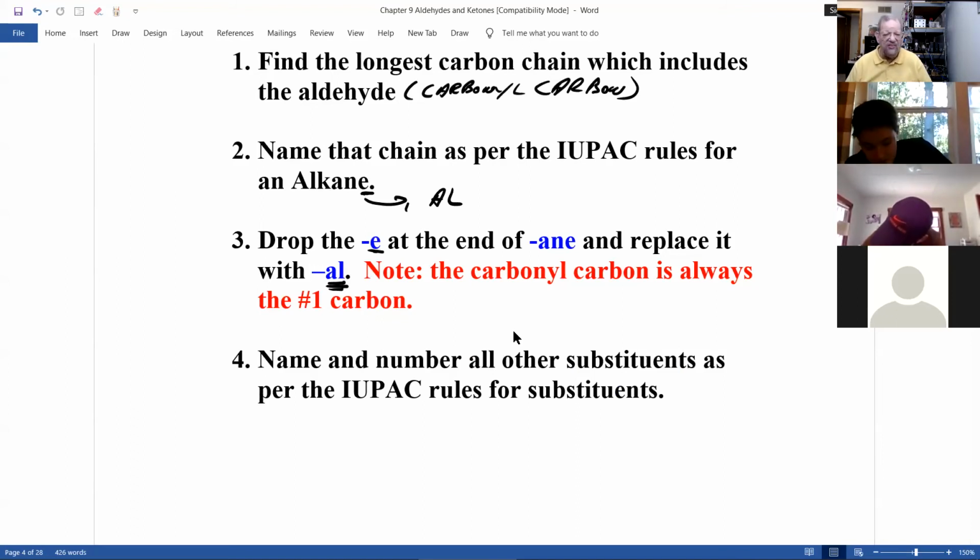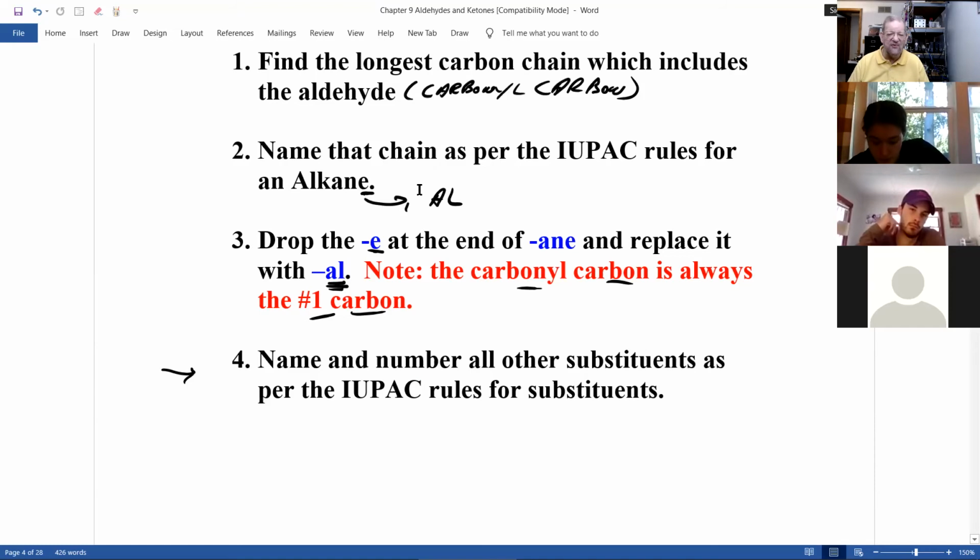The carbonyl carbon in an aldehyde is always number one. Carbonyl carbons rock, and IUPAC knows that. So they're always the highest priority in an aldehyde, and therefore you don't have to put that number down because everybody knows it's number one. All the other substituents, like a methyl, are named by a number and the name of the substituent in the front.